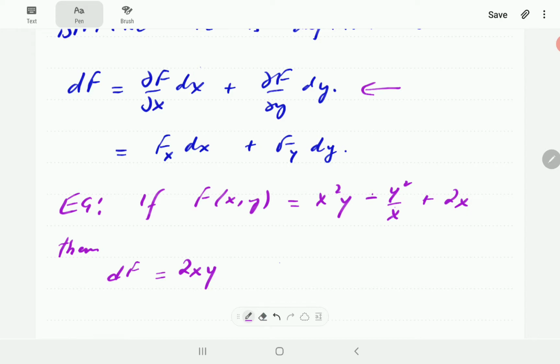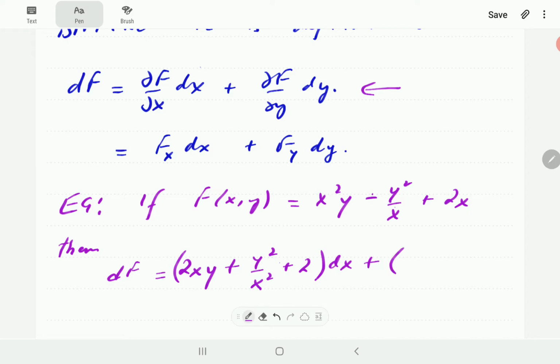Here the derivative of 1 over x is negative 1 over x squared, so that term becomes plus y squared over x squared, and the derivative of 2x is 2. So the first term is 2xy plus y squared over x squared plus 2 times dx.